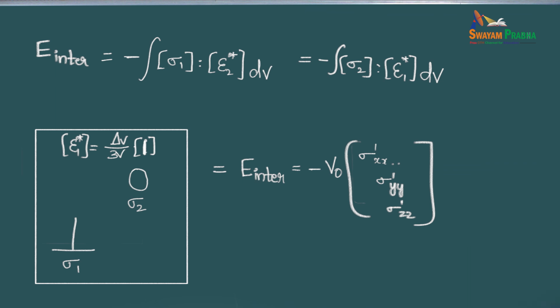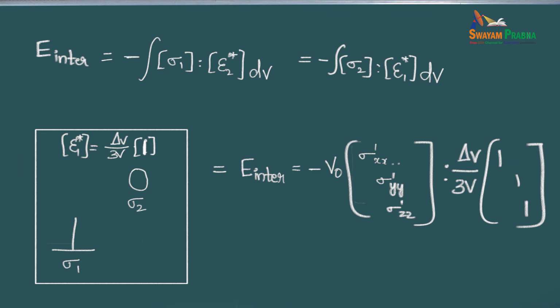And I double contract with delta V over 3V times identity. And this is multiplied by V naught because this is non-zero only over V naught, right?